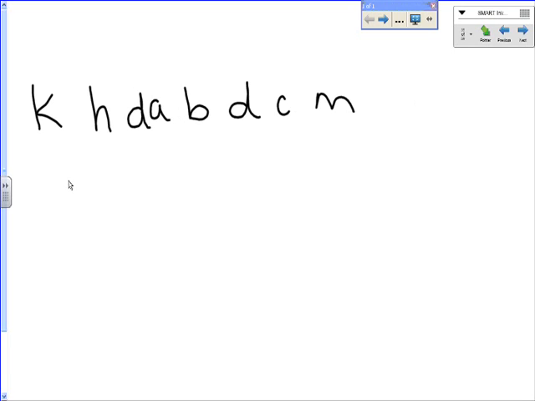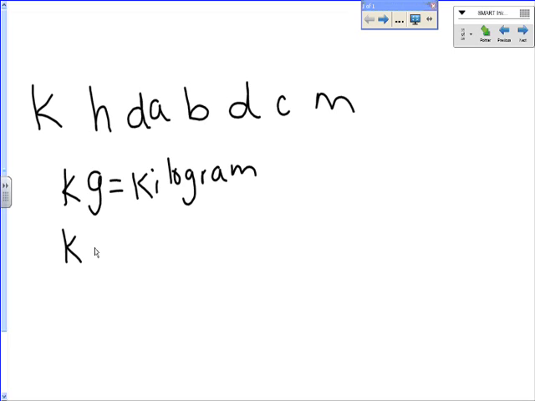Okay, really quick, let's just practice some of those prefixes and abbreviations. If I have kg, that's going to be kilograms. If I have KS, that's going to be kiloseconds.